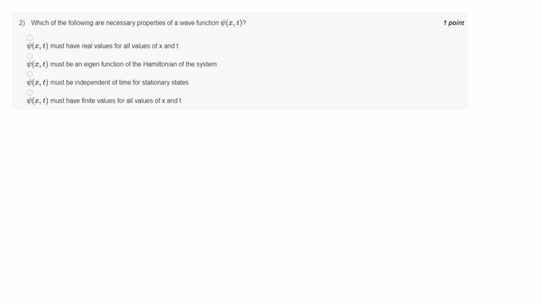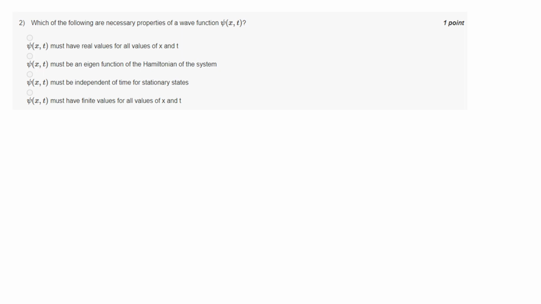You can find this answer in lecture 2 also. There also it is mentioned. So what will be the answer? Sir, psi x comma t must be an eigenfunction of the Hamiltonian.